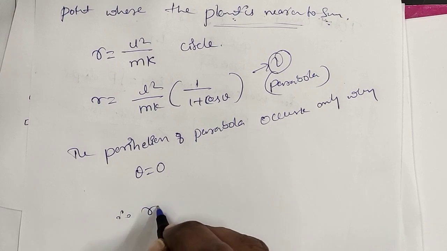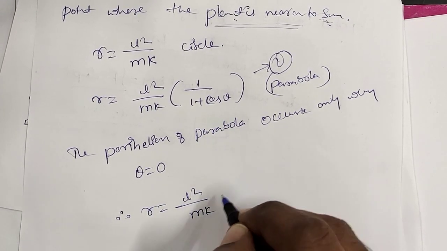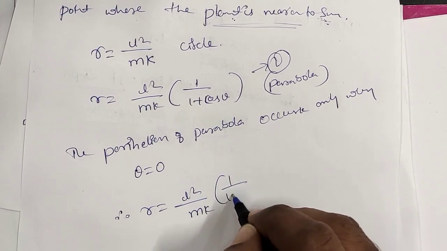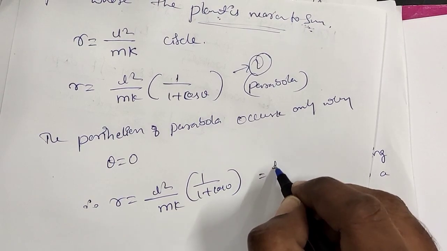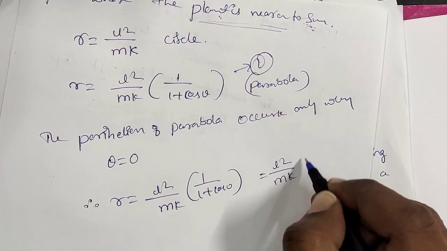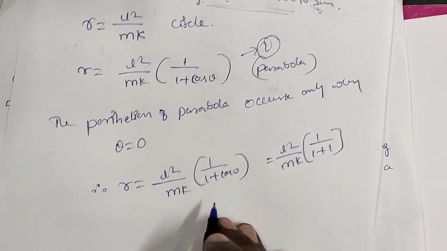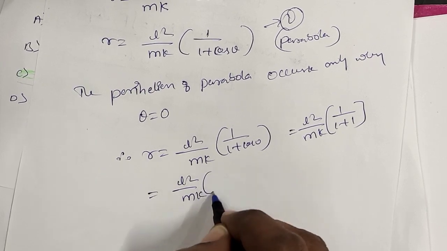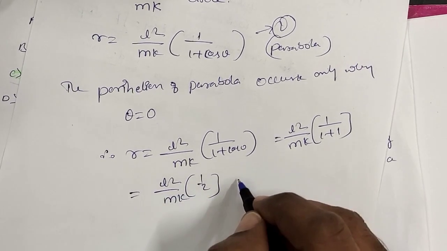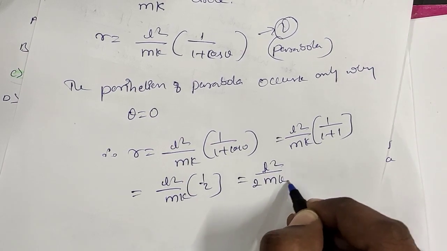Therefore r is equal to L square divided by mk into 1 divided by 1 plus cos 0, which is equal to L square divided by mk into 1 divided by 1 plus 1. So which is equal to L square divided by mk into 1 by 2, which is equal to L square by 2mk.